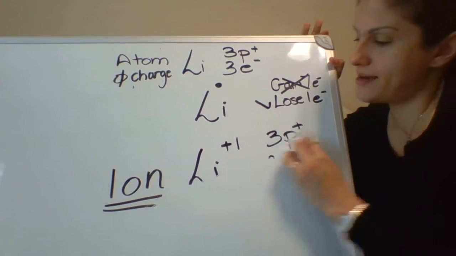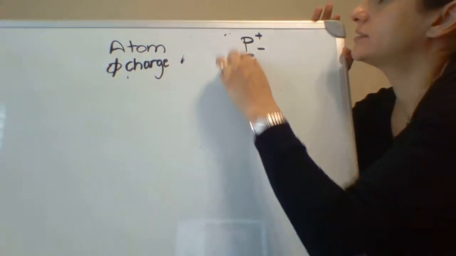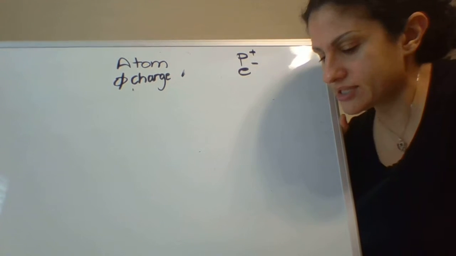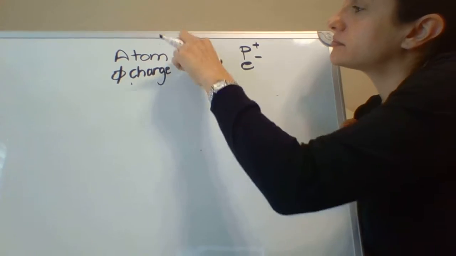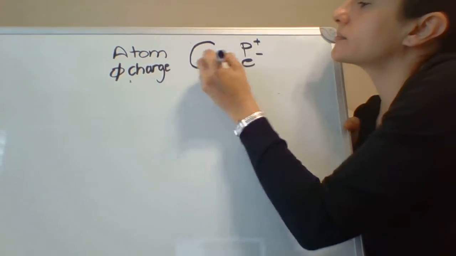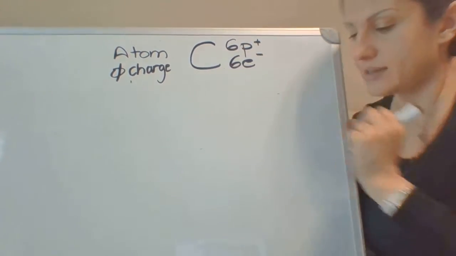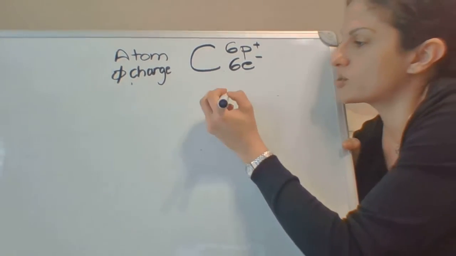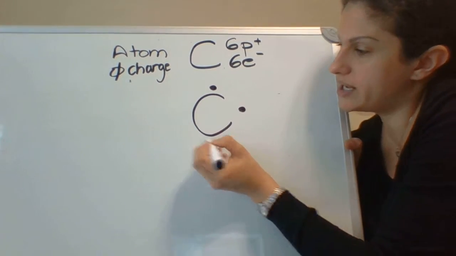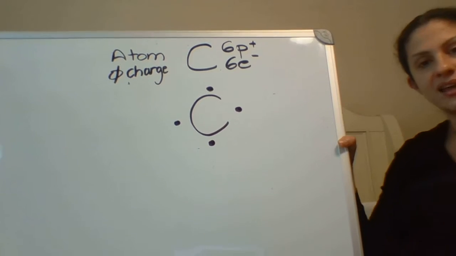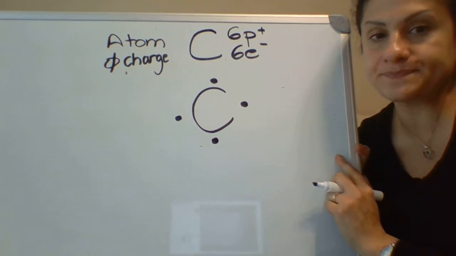And to do that, let us look at carbon. So look in your periodic tables and let's look for carbon. It is in group 4. And it has 6 protons, 6 electrons. And because it's in group 4, 1, 2, 3, 4 valence electrons in our Lewis dot diagram.